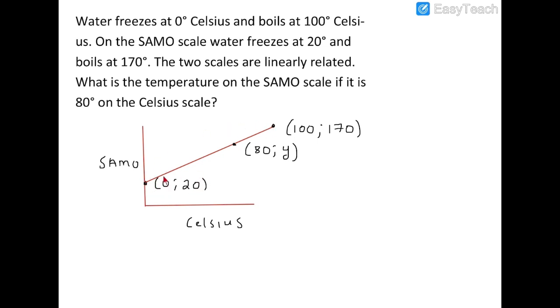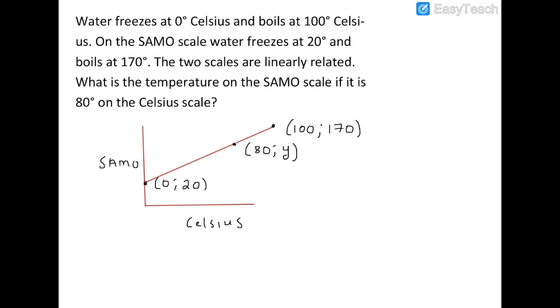So we have all the information in this point and this point. We will use those 2 points to find the gradient, and that gradient will help us find the value of y, which is the temperature on the SAMO scale if it is 80 on the Celsius scale. Okay, so let's do that.